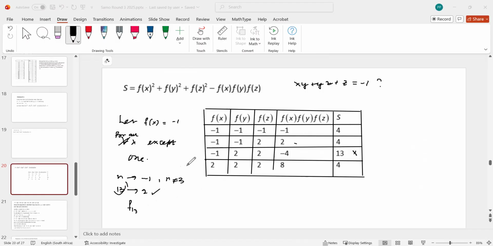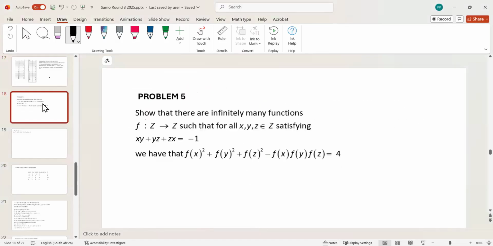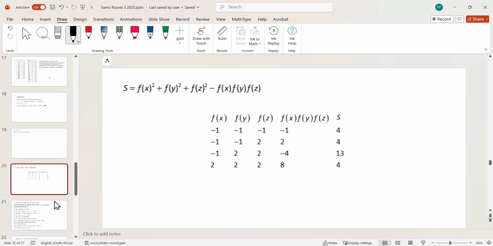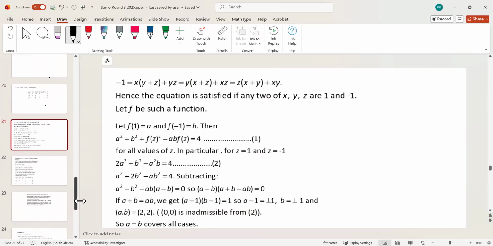Well, quite a demanding problem. I hope you understand it. But let me just show you all my calculations. So here's the full argument. That's the first page of the argument.